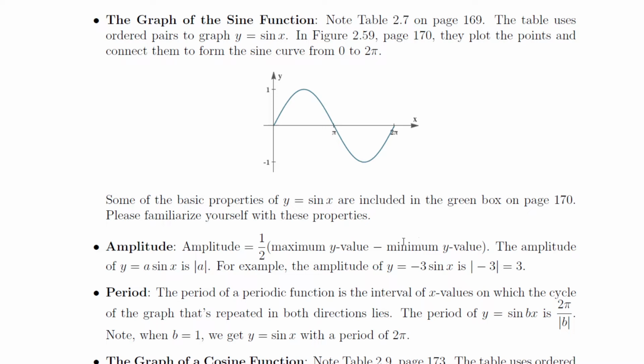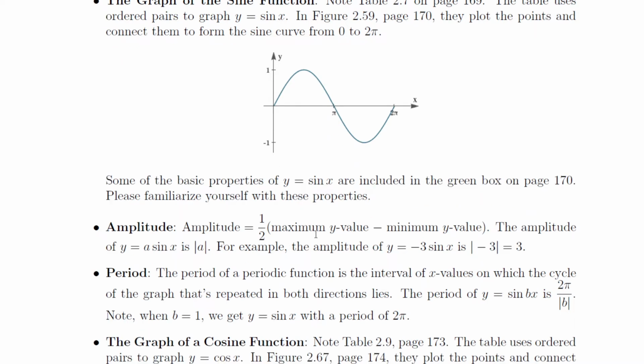So that's the thing that's important about this, is that you're subtracting a negative in this case, which means that it's adding. So you have 1/2 of 1 plus 1, which is 2. 1/2 of 2 is going to be 1, so that means the amplitude of this standard sine curve is just going to be 1.